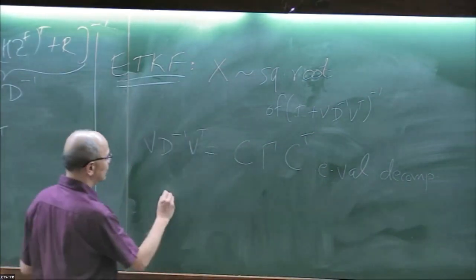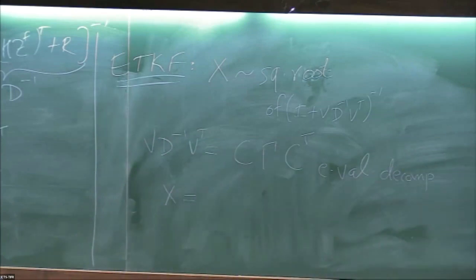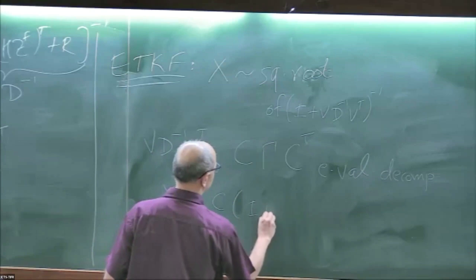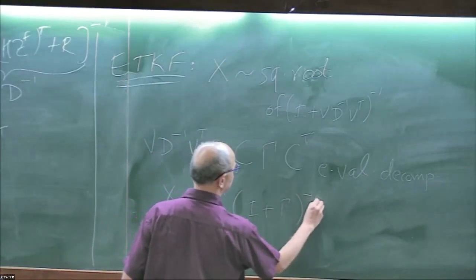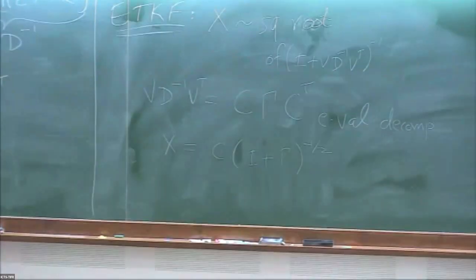And then I will leave it as an exercise to check that if you choose X to be equal to C times (identity plus gamma) to the minus a half, it does the job that we set out to do.